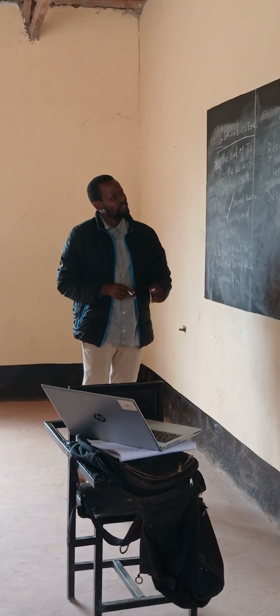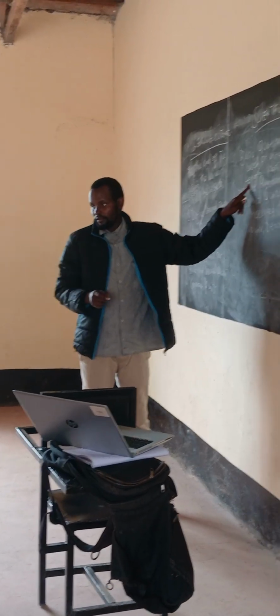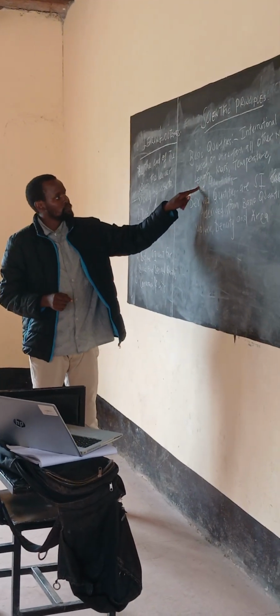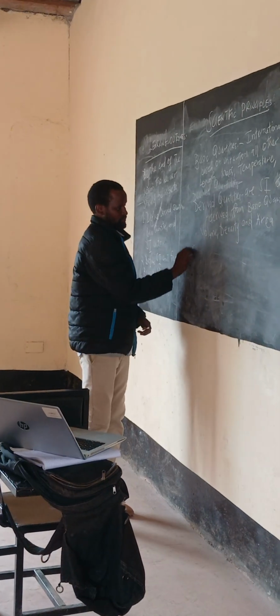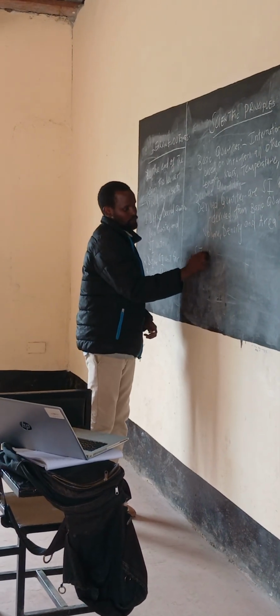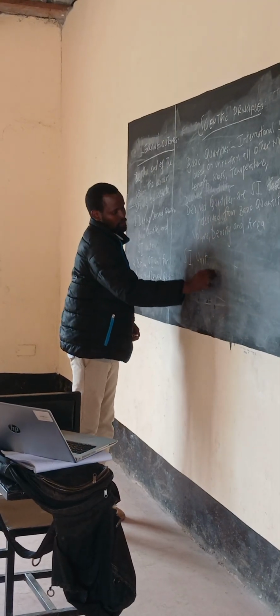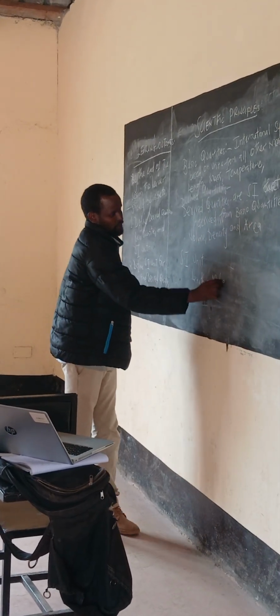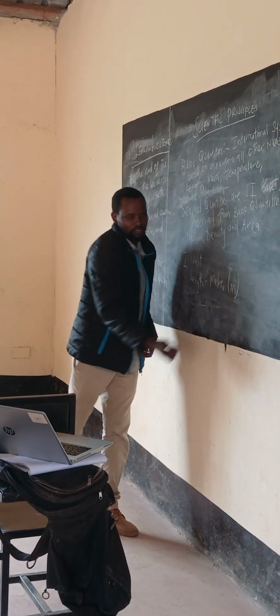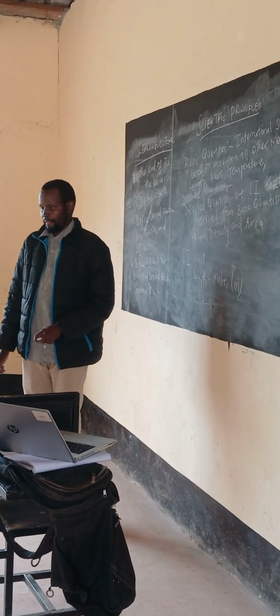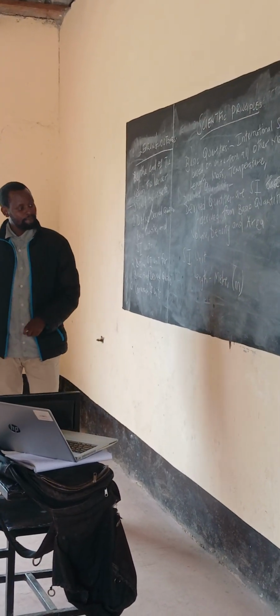Now, the measurement of the SI unit for length. The SI unit for length is the meter, right? The unit symbol is capital M.